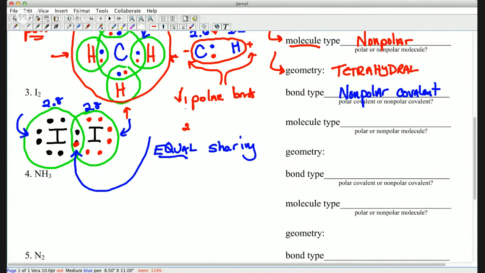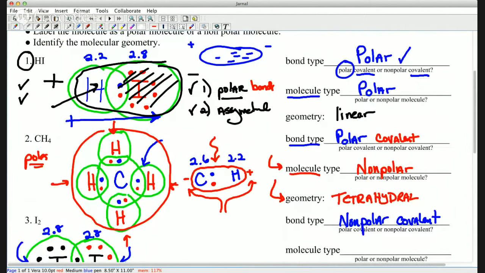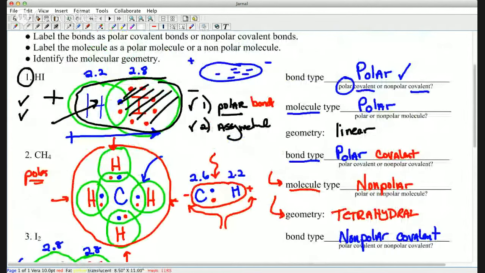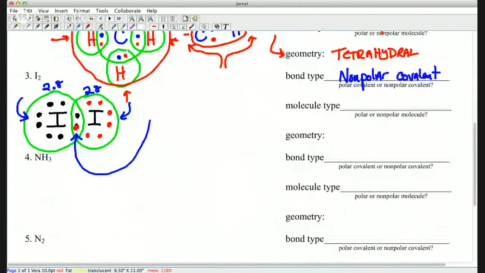Okay, molecule type. Well, my friends in chemistry, this doesn't have a polar bond. To be a polar molecule, you have to have an unequal distribution of electrons somewhere, and that occurs by polar bonds. This does not have a polar bond, so it could never, ever be a polar molecule. Besides, isn't it symmetrical, the same all the way around?